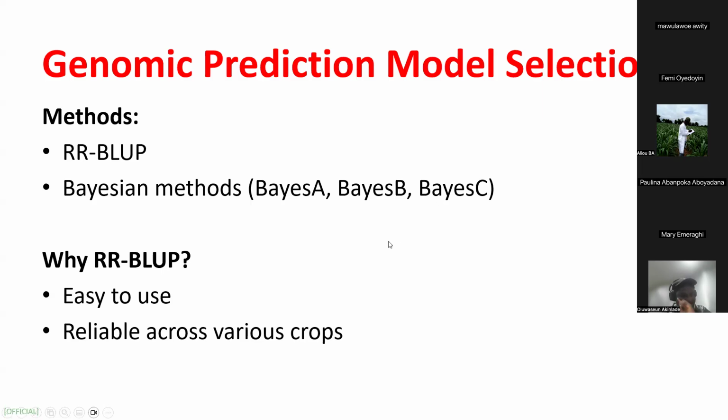And like I said last time we met, what is different between models are the assumptions. So for example, in RR-BLUP, it assumes that all the SNPs that you put into the model have effect that is small, but not zero, right?